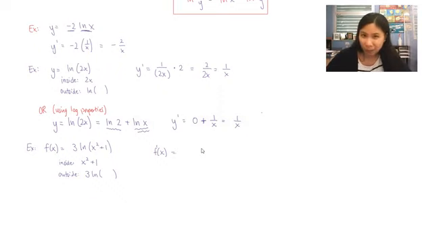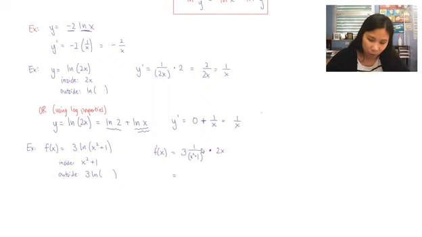So we got 3 there, which is just a constant multiplier, so we can just leave that there. Natural log of stuff, so the derivative of the natural log would be 1 over the stuff. And the stuff on the inside of the parentheses was the x squared plus 1, so that'll stay the same in there. And then we are multiplying by the derivative of the inside, which is the x squared plus 1. So the derivative would be 2x.